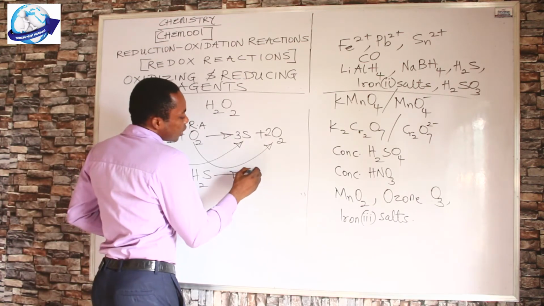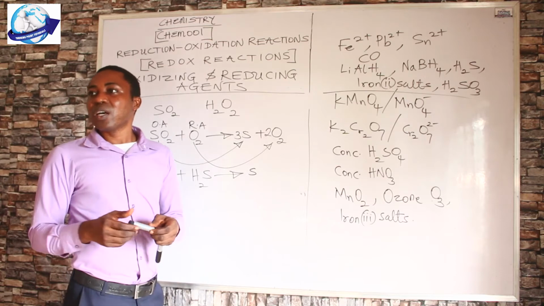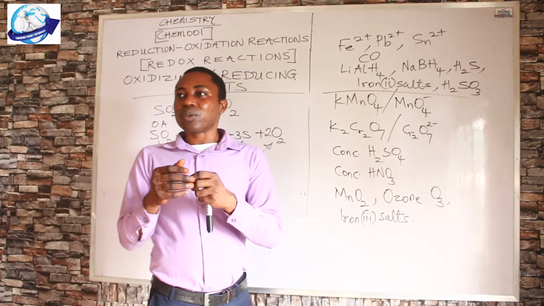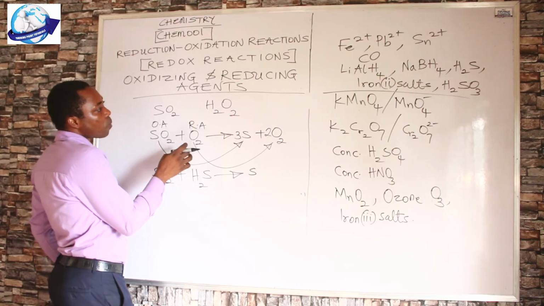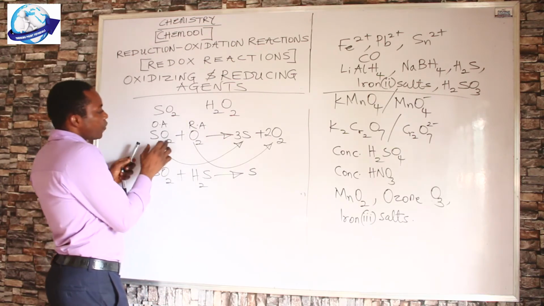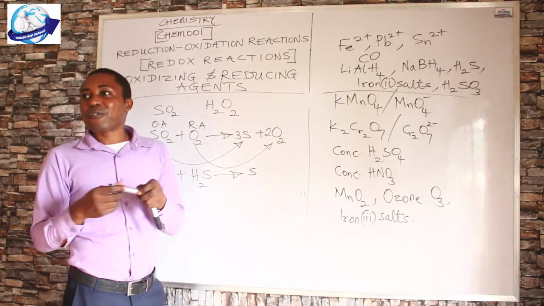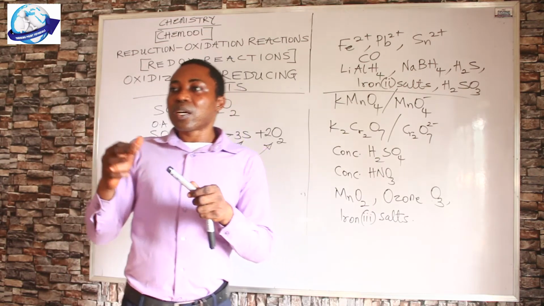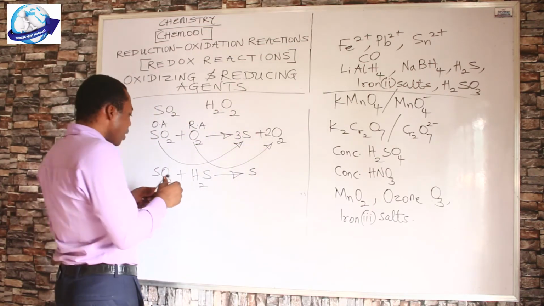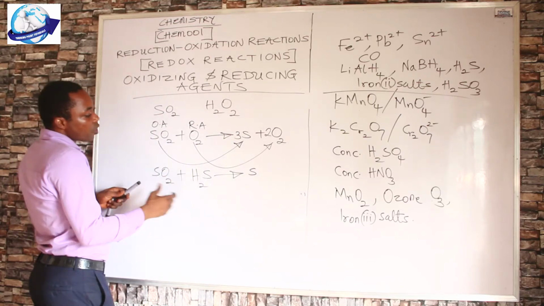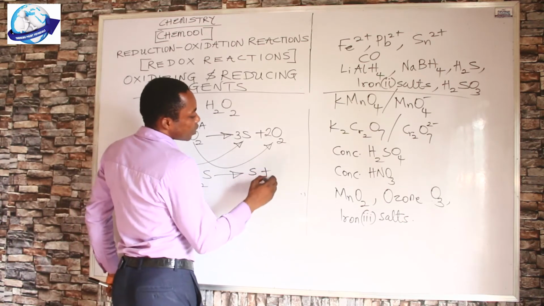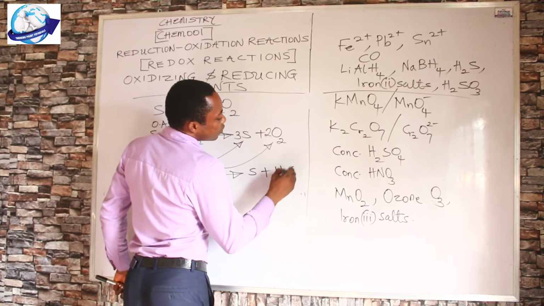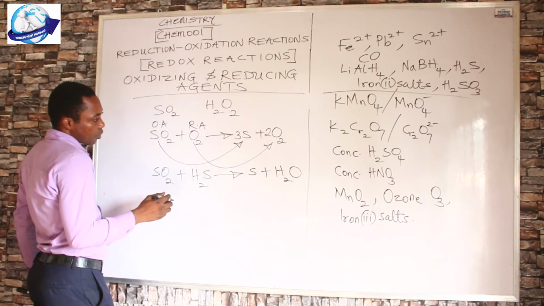We have that sulfur stays on its own and water is formed. Let's come back to this very aspect, and make a correction here. When sulfur(IV) oxide reacts with hydrogen sulfide, what is the product? What is formed is water.